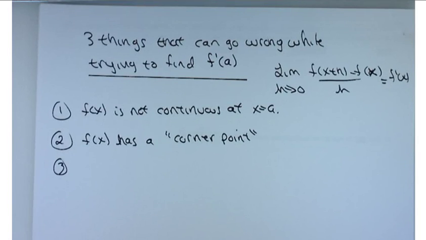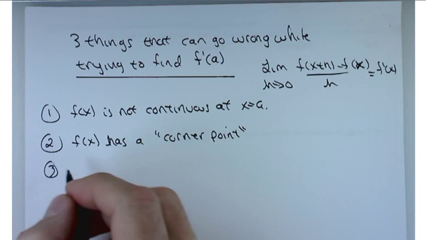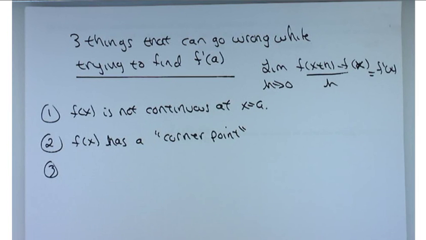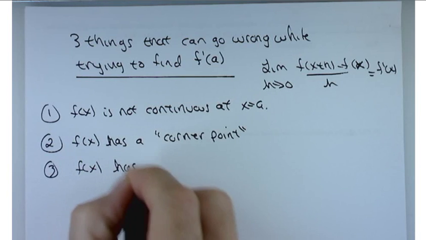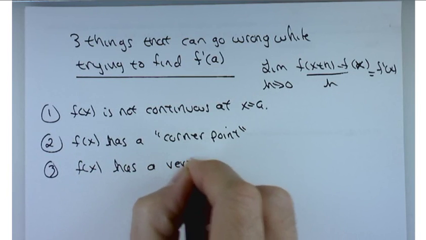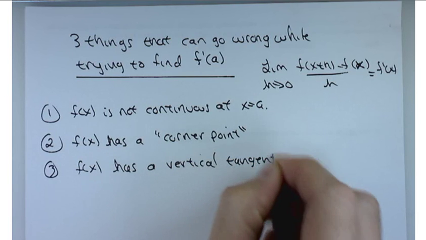Now there's one other thing that can go wrong, and that is when you're trying to find the equation of a tangent line, it could be vertical. What kind of a slope does a vertical line have? Undefined. So f of x has a vertical tangent. And I'll give you a warning.